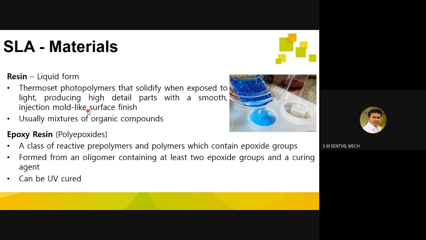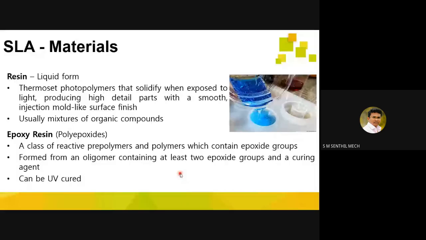Usually this liquid resin is a mixture of organic compounds. The most common type of resin used is epoxy resin, also called polyepoxides. This is a class of reactive prepolymers and polymers which contain epoxy groups. These epoxy resins are formed from an oligomer containing at least two epoxy groups and a curing agent.